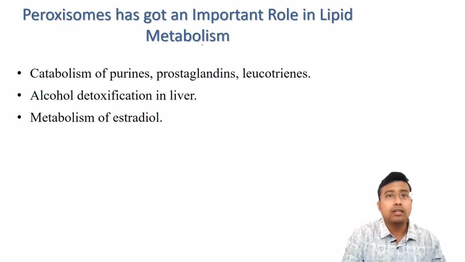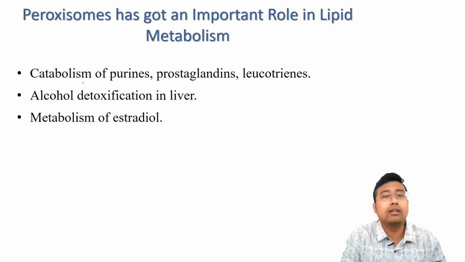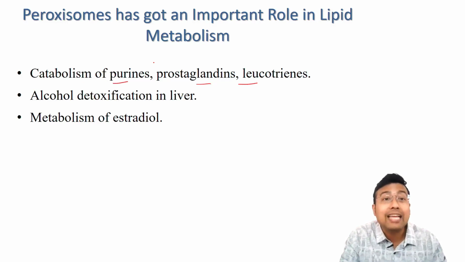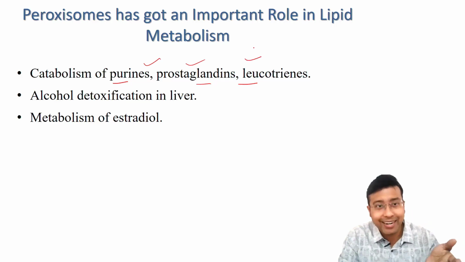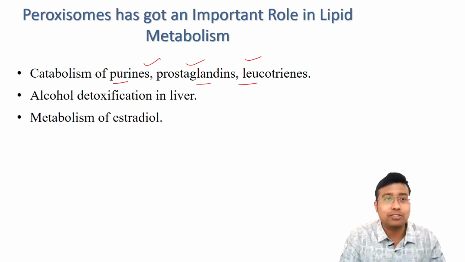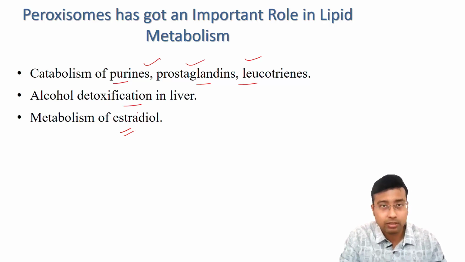In addition, they have also got some important role in catabolism of purine, prostaglandin and leukotrienes. Each and every one of them are a chapter, right? We'll be reading them very soon. Next, they also help in alcohol detoxification in liver and metabolism of estradiol, the active form of estrogen.